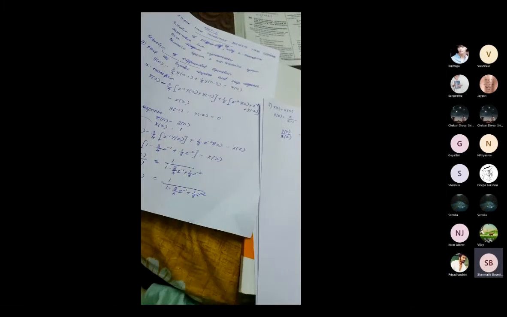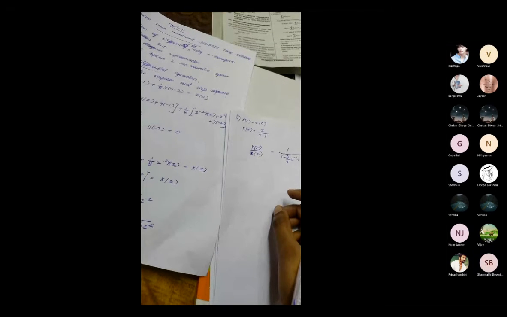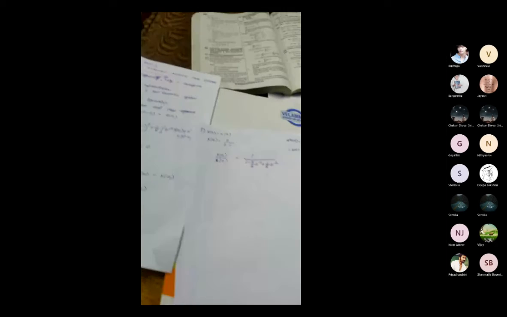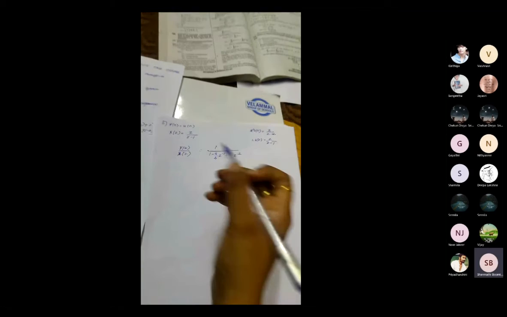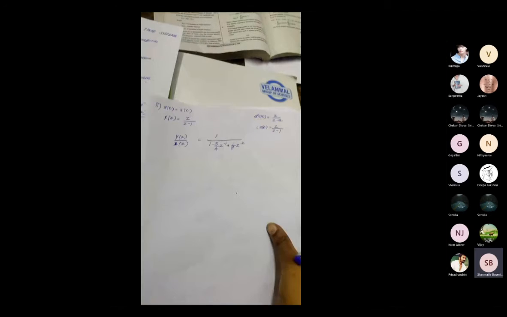Then you have to substitute X of Z here. X of Z is already in the form of Z. So first change this into Z.